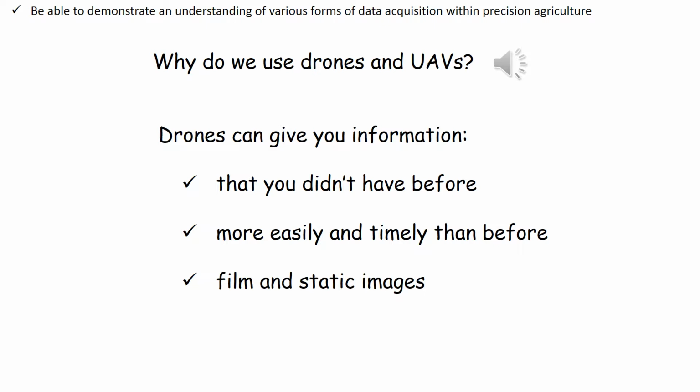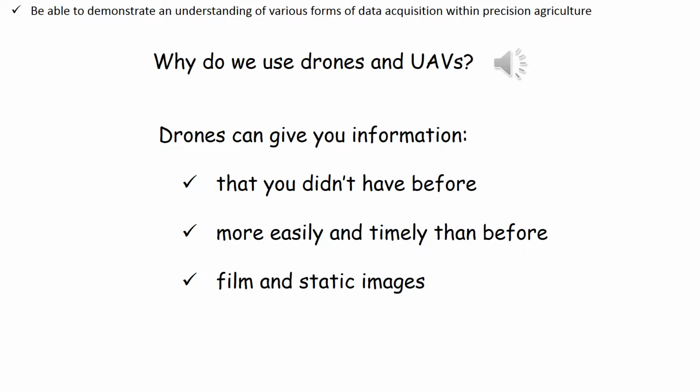And we don't need to rely on satellite imagery, which may only be coming around once every fortnight, or satellite imagery may be obscured due to cloud cover. The drones are collecting information below the level of the clouds, so we can see the time and day that the information is collected, and we're more confident of the quality of the information that we can get.